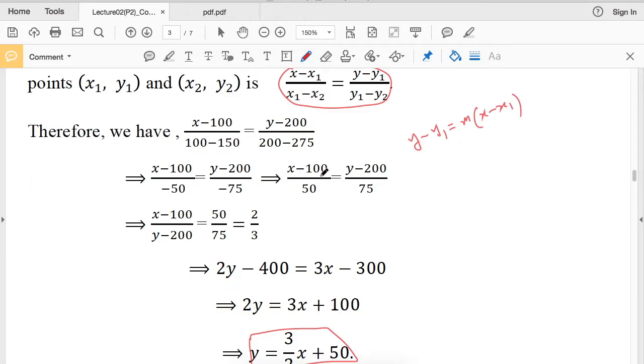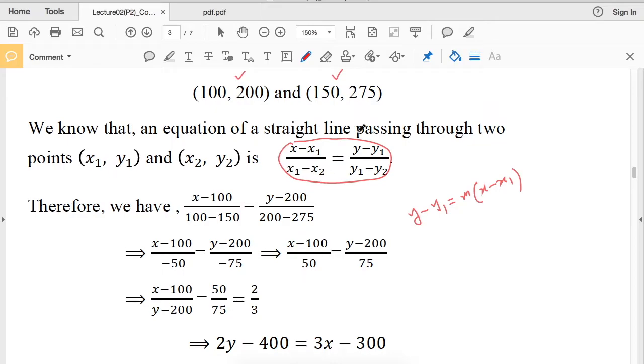So in that case, first you need to calculate m, and m will be y2 minus y1 divided by x2 minus x1, and y2 means 275 and y1 means 200, divided by x2 150 minus x1 100.